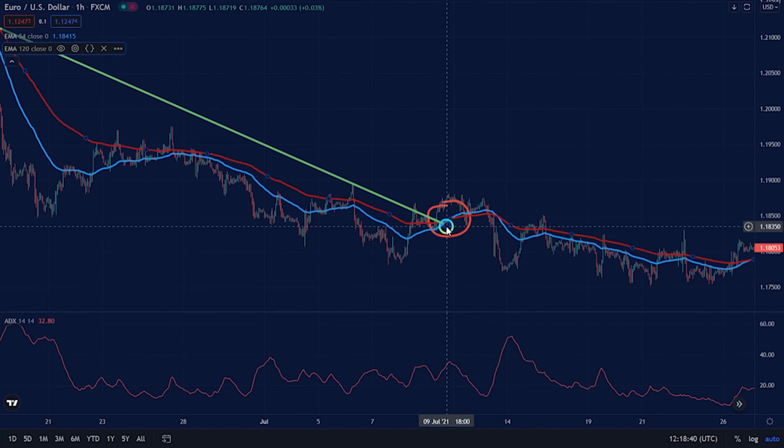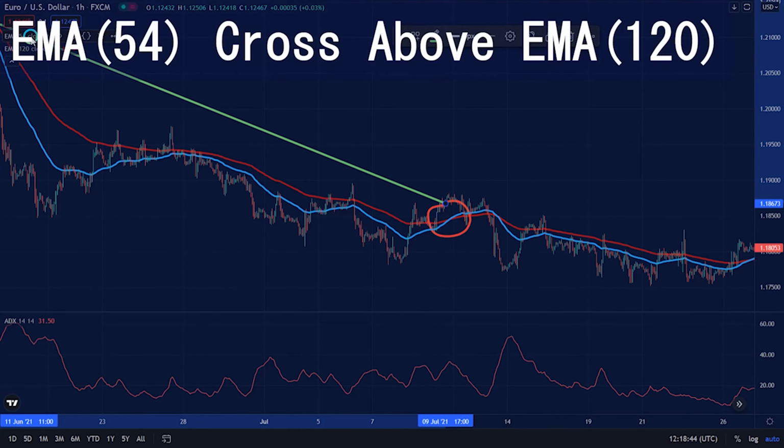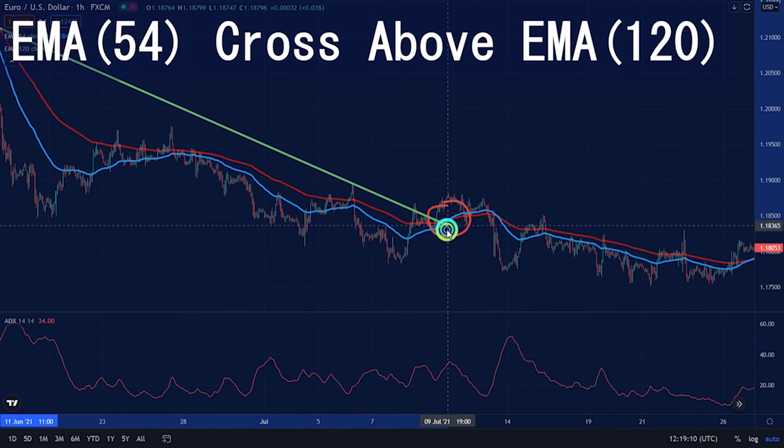Now, when the smaller EMA, in this case the 54 one, crosses above the bigger EMA, that is here the red line, and the 120 period EMA, when the cross happens to the upwards direction, then we can close the trade if our other conditions are great as well.